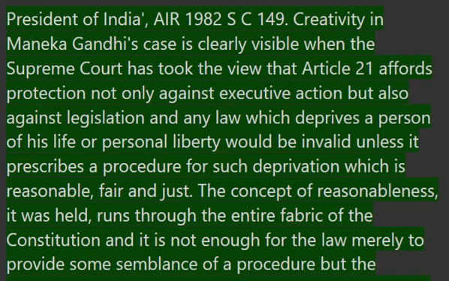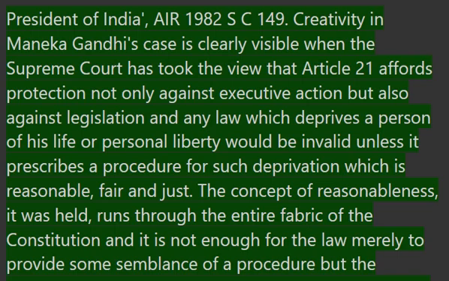The concept of reasonableness, it was held, runs through the entire fabric of the Constitution, and it is not enough for the law merely to provide some semblance of a procedure, but the procedure for depriving a person of his life or personal liberty must be reasonable, fair and just.